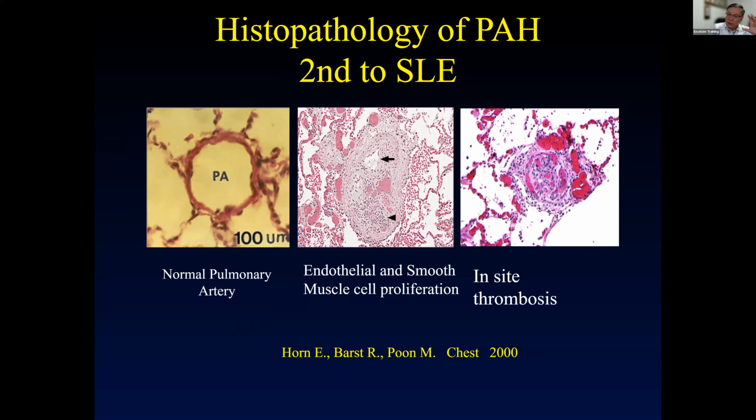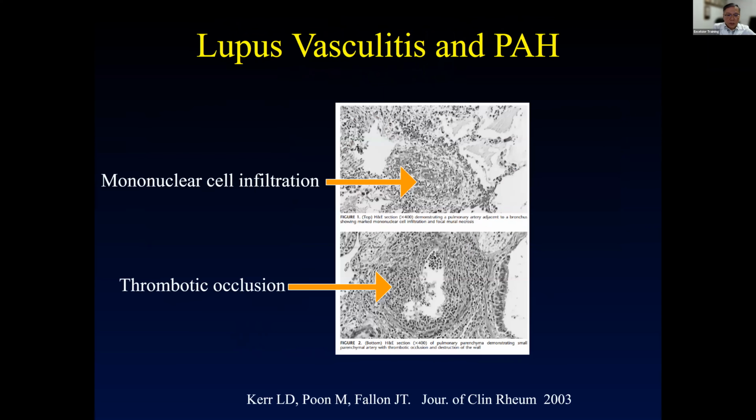So this is very, very tough to diagnose unless you think of it and then you treat the patient aggressively early on. Another case of lupus vasculitis, all right? In lupus vasculitis, you see the infiltration of mononuclear cells in some of the arteries and clots forming in others. So you can have a mixture of inflammatory cells and thrombosis throughout the pulmonary arterioles.